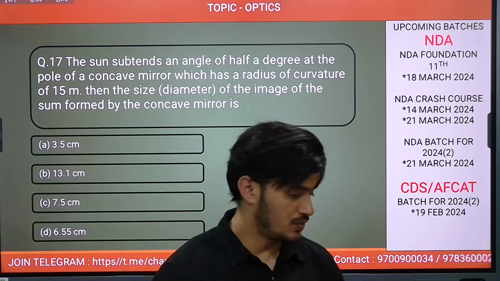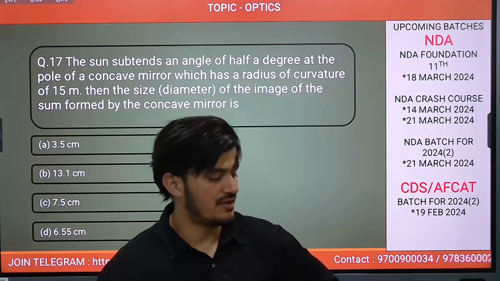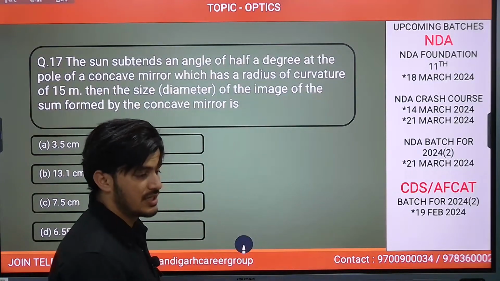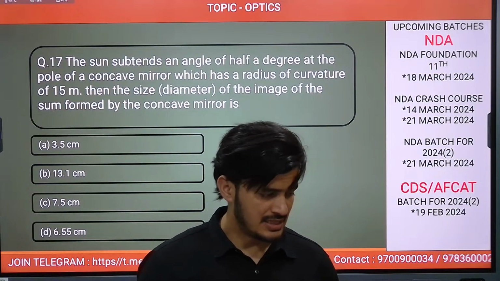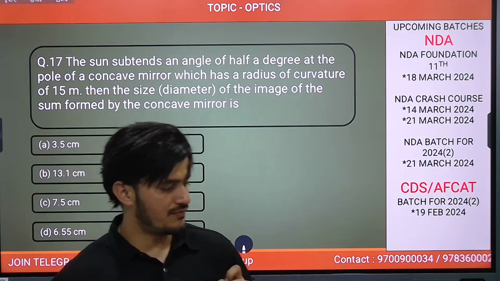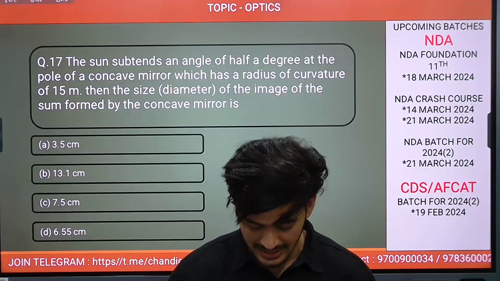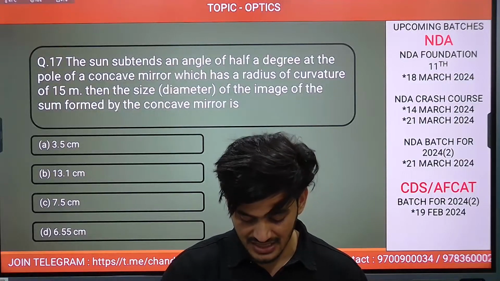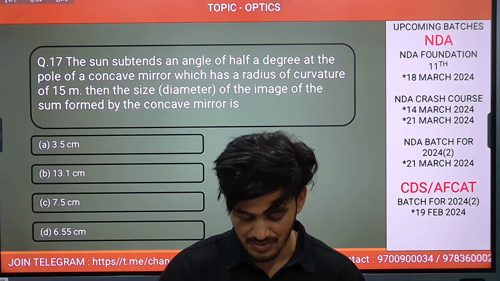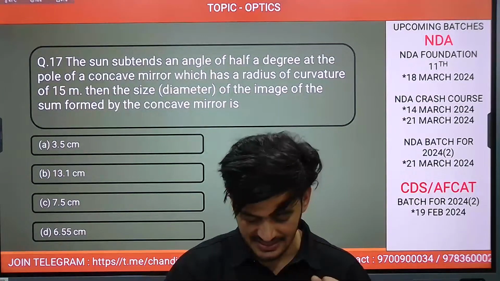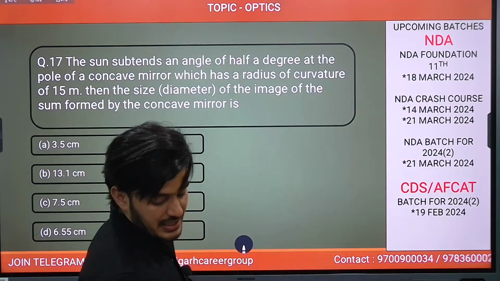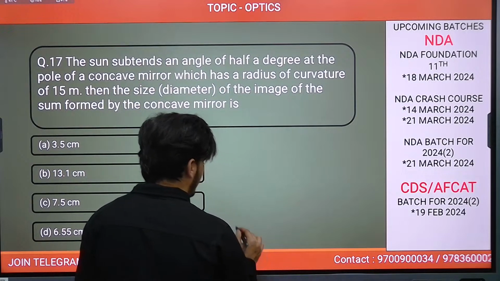It's a good question. The sun subtends an angle of half a degree at the pole of a concave mirror which has a radius of curvature of 15 meter. Then the size of the image of the sun formed by the concave mirror. Concave mirror कितने साइज की इमेज बनाएगा? ठीक है जी. तो सबसे पहले theta क्या होगा, जितना सन का डायमीटर है.